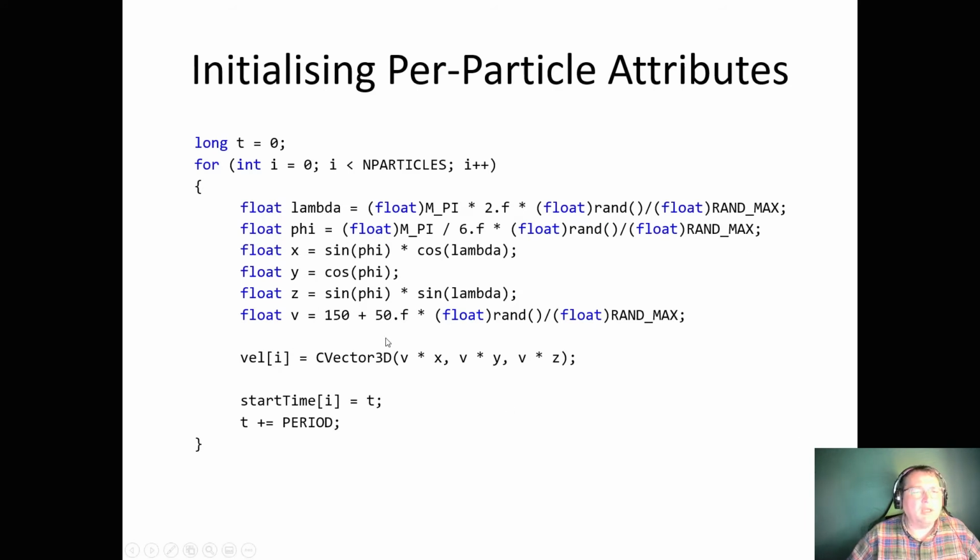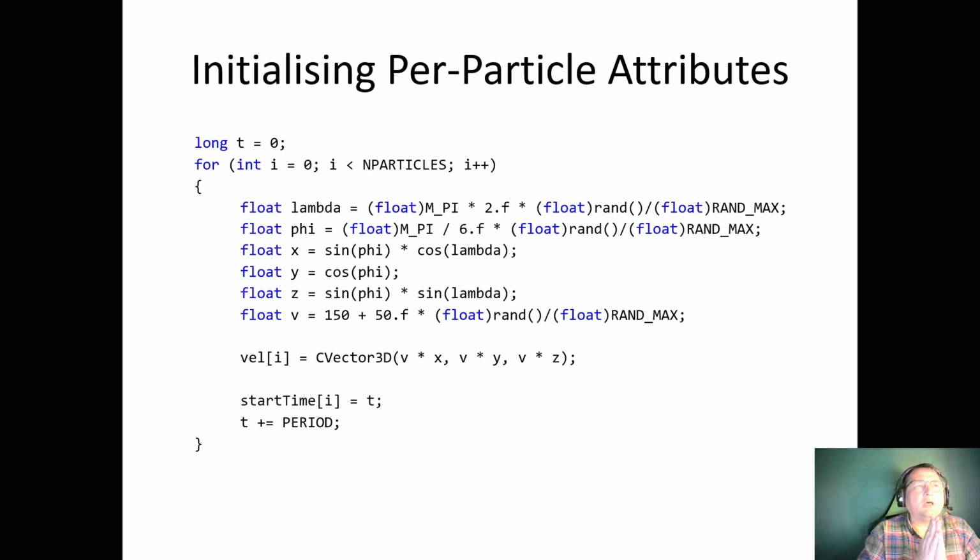The following line finds the speed of the particle. The speed is 150 plus randomized value between 0 and 50. So this will choose a random value between 150 and 200.